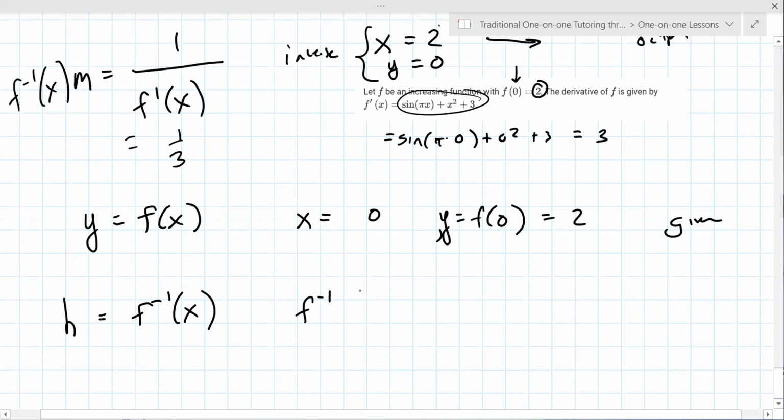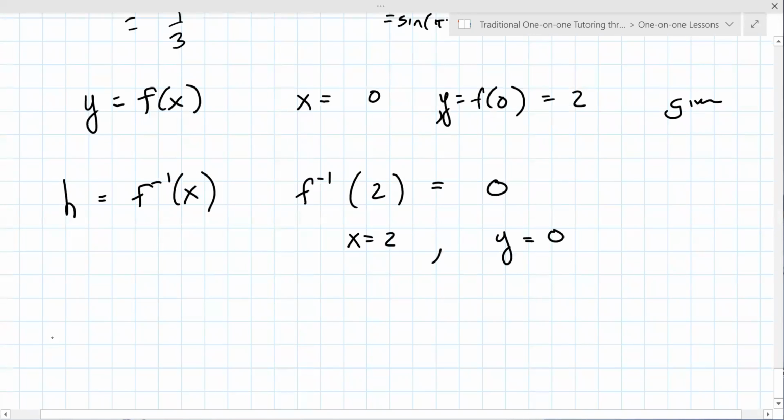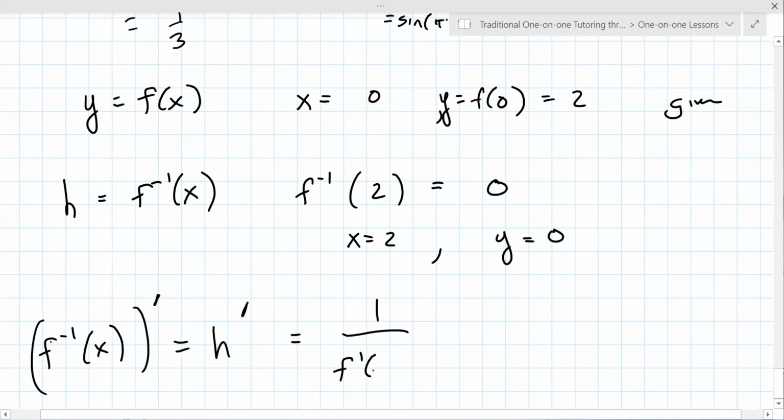F inverse of 2 equals 0. So here, x is 2 and y is 0. Just the flip of those. The f inverse of x prime, which is the same as h prime, because you're just taking the derivative of both of these, is equal to 1 over f prime of x.